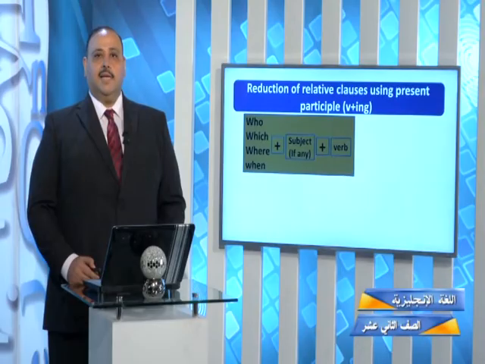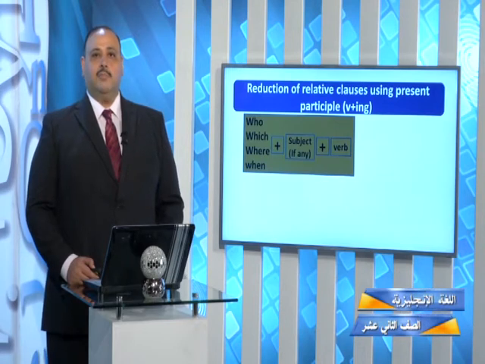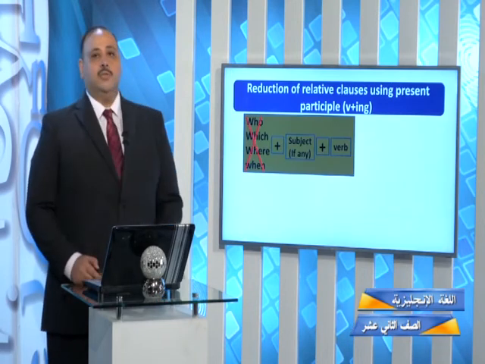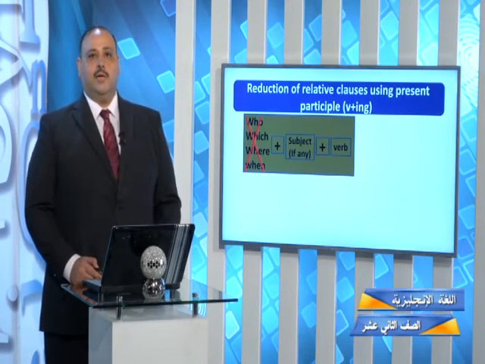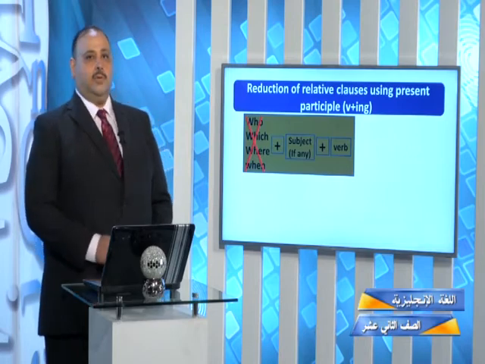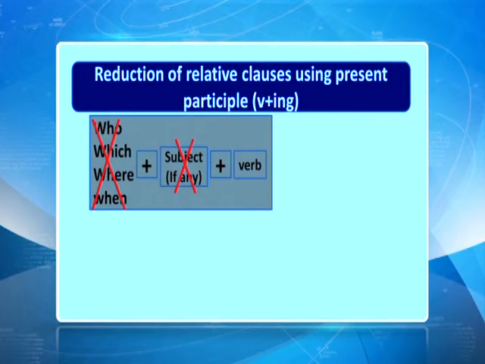Now, in this case, how can I reduce or how can I use verb plus ing? Now look at the steps. The first thing I'm going to do is to delete the relative pronoun, like who, which, where, when. And then if there is a subject, what are we going to do? We're going to delete it.